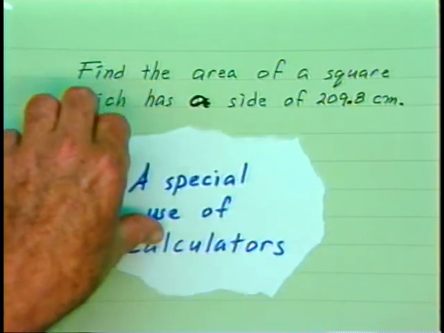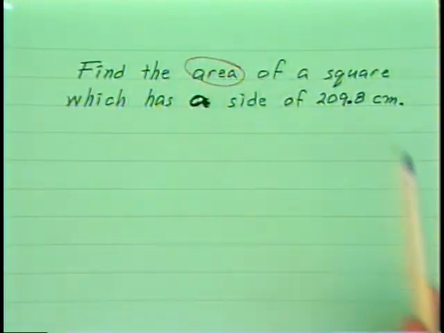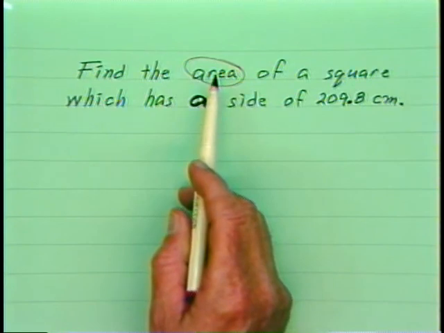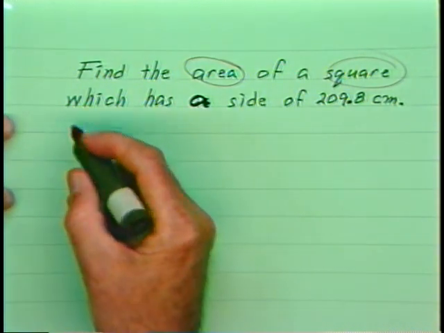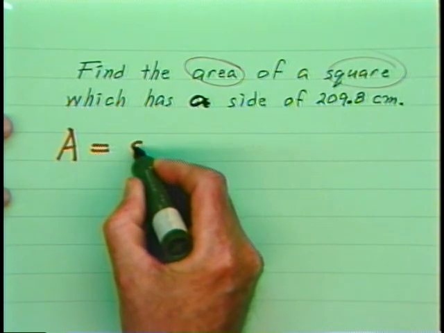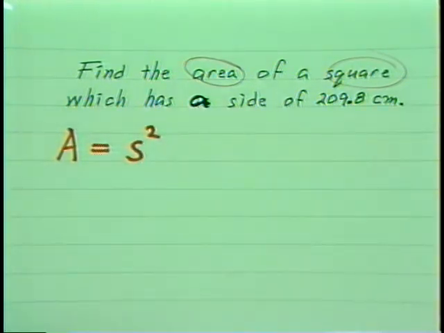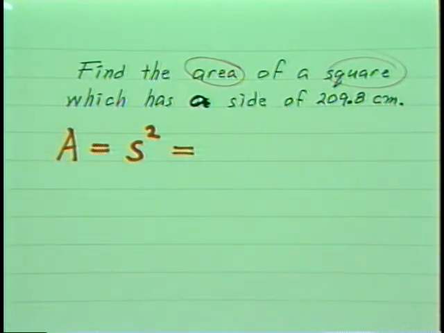Once you determine that you are going to find an area, either you pluck from memory or from a formula handbook a formula for the area of this kind of a figure. In this case, we remember or find that the area of a square is the length of a side squared. So all we have to do is follow the instructions the formula itself is giving us.